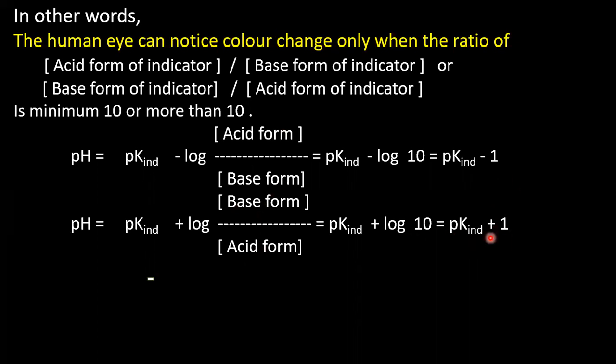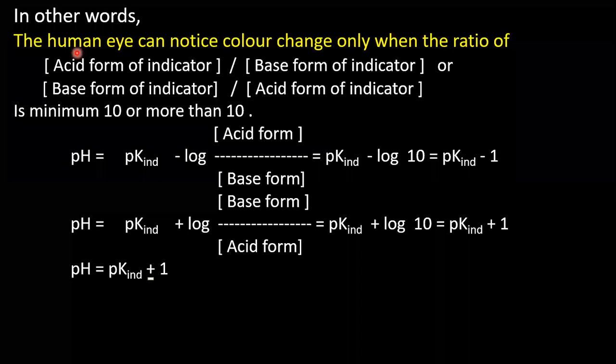Minus 1 or plus 1. So in short, we can write that pH is equal to pK indicator plus minus 1. What is the meaning of this? When the pH of the solution changes by 1 unit, either it increases by 1 unit or decreases by 1 unit, then and only then can the human eye notice the color change.